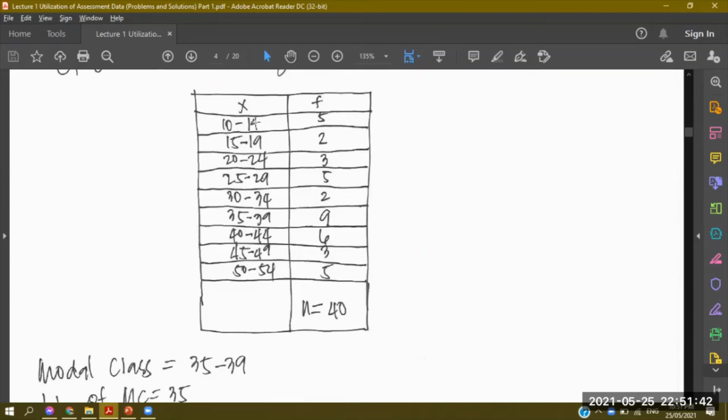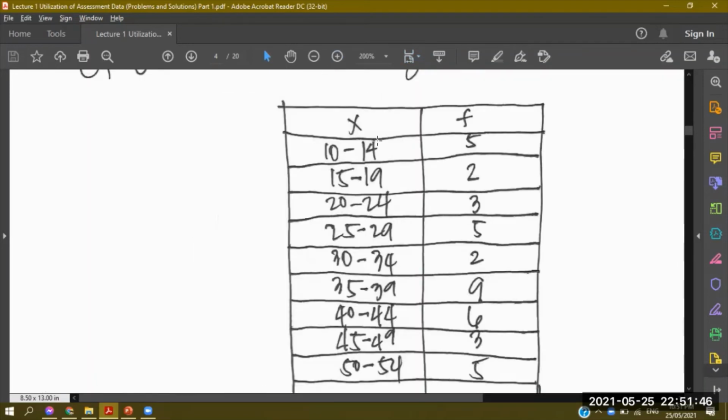Remember, this is a category, like one interval. That is one category. For this topic, it is also called a model class. So this is a model class, another model class, and then another model class.